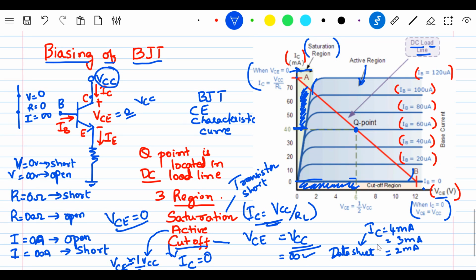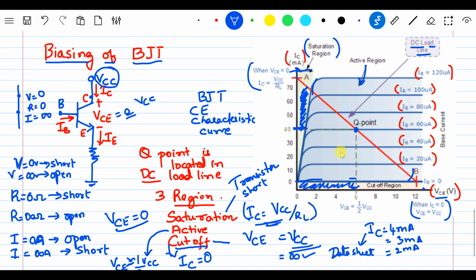So if you want to make the transistor behave as a switch, a switching network using a transistor, then you should make the transistor operate either in saturation or cutoff. But I am trying to design an amplifier circuit which can give me more gain, either current gain or voltage gain and so on. Then I need to make sure that my bipolar junction transistor is operated in the active region.